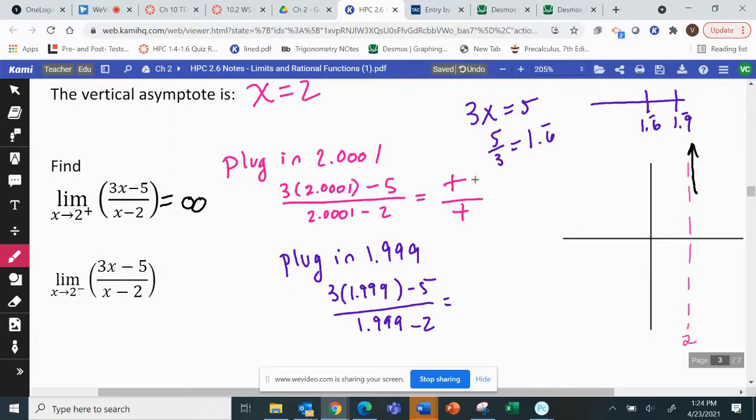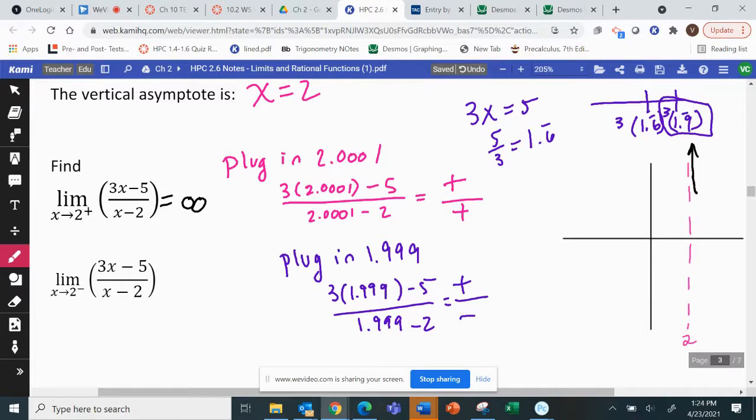If I multiply either of these numbers by 3, this 3 times the 1.999 is still going to be bigger than 5/3. So that's telling me this is a positive. What about in the denominator? Denominator. 1.999, take away 2. Negative.